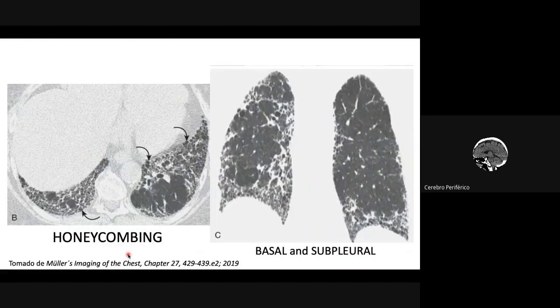And then with time and progression, you can see honeycombing, especially on the bases, as I said, and also on the posterior part of the lung. So then here you can see honeycombing formation, even areas of air trapping, which is very common among these patients.